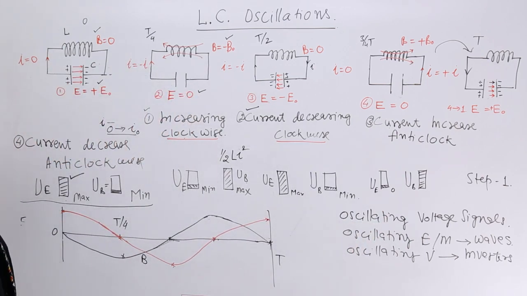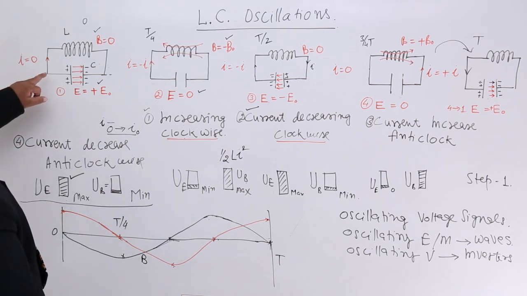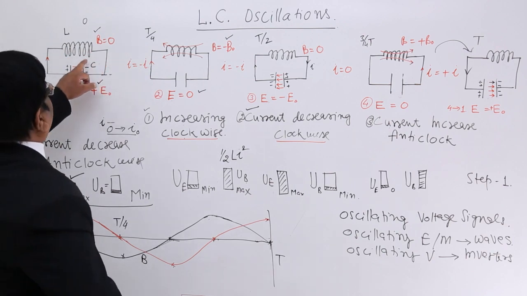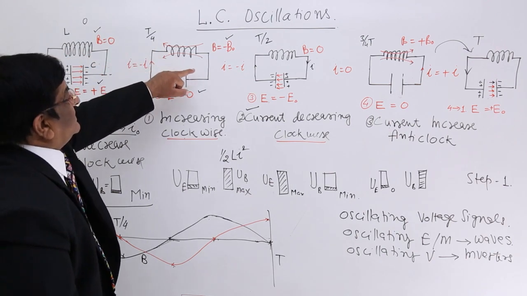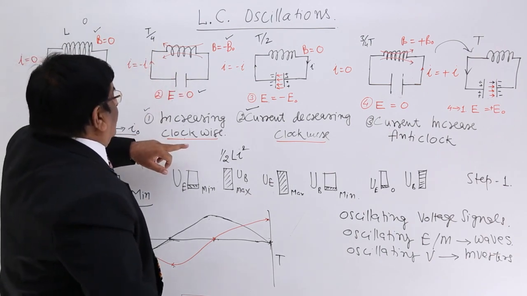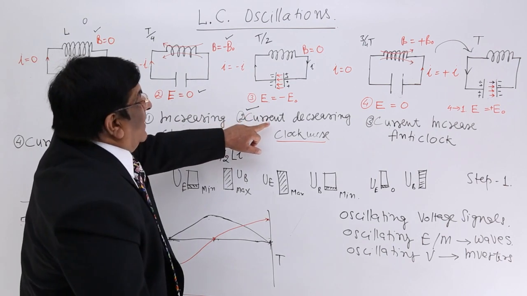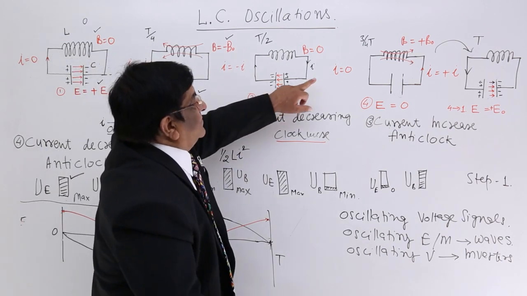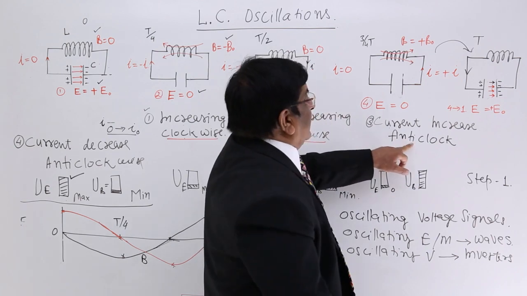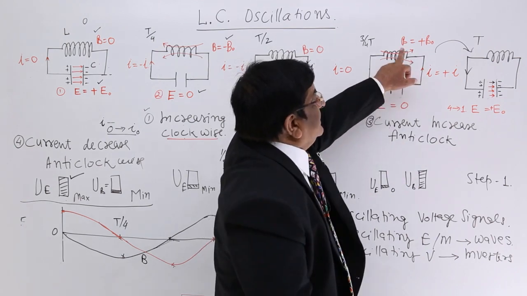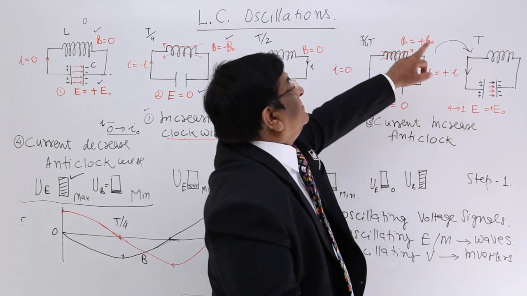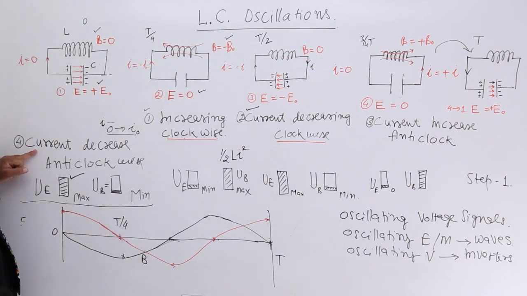So what is happening to electric current? Electric current here, clockwise from here to here, clockwise maximum, clockwise decrease, become 0, anti-clockwise increase, become maximum, decrease, and after decrease become 0.